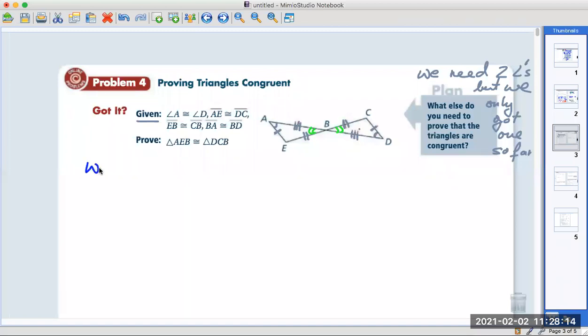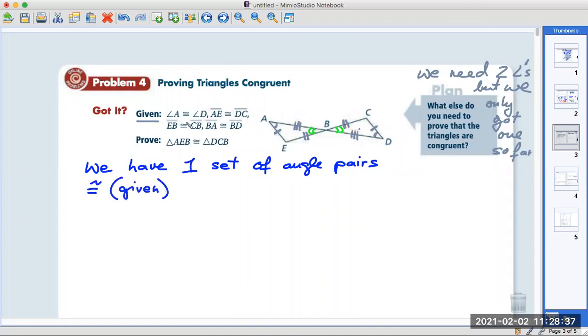Okay, so I'm going to say this is called a paragraph proof. I'm just writing about it. We have one set of angle pairs congruent in the given, right? It was in the given right here, but we need two.